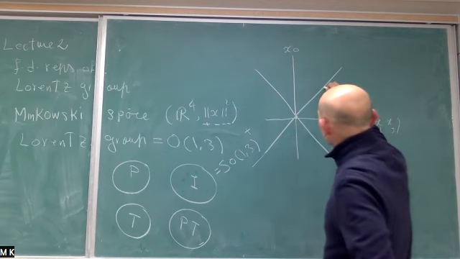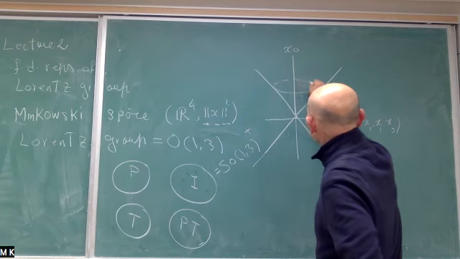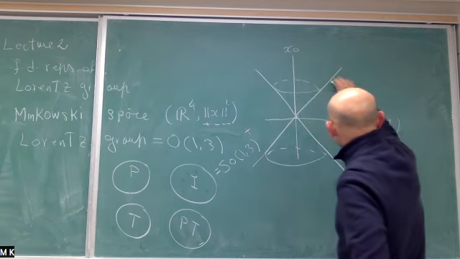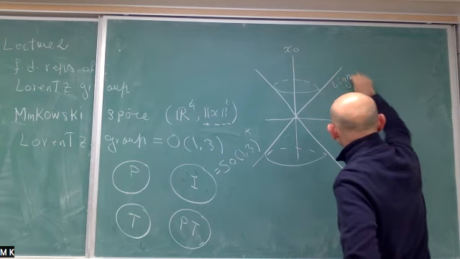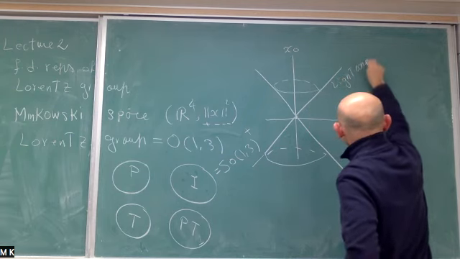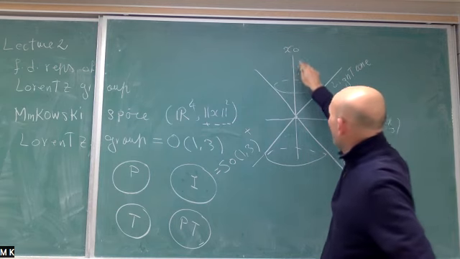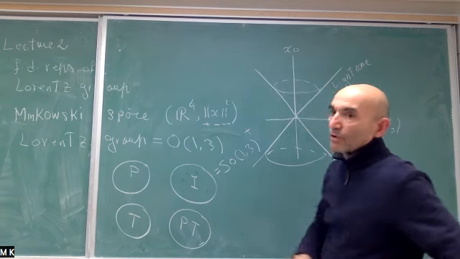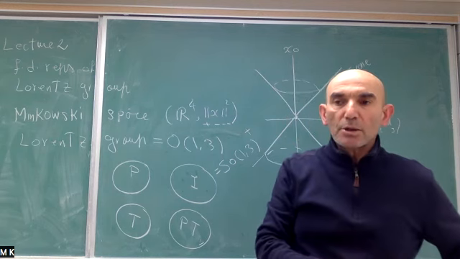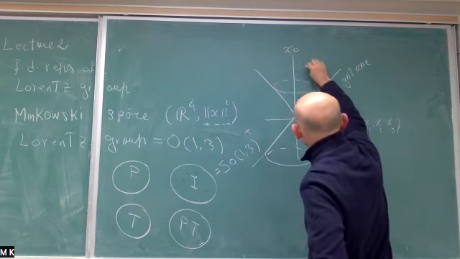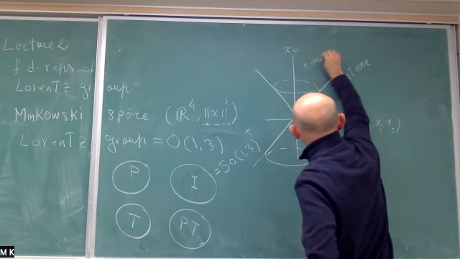Vectors inside the forward part of the light cone are called time-like vectors.